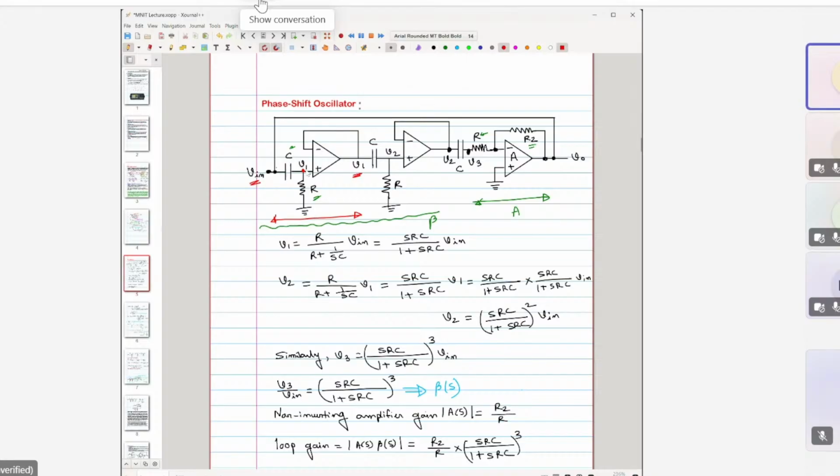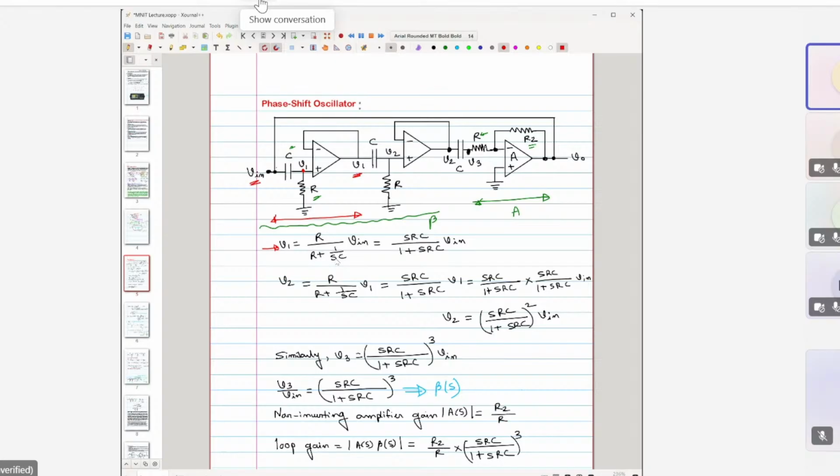Then what would be this V1 in terms of V in? So we can simply write it like this. V1 would be equal to whatever drop across this R, so it is R by 1 plus ... Now what is S? S is j omega. You know what is the impedance of a capacitor? 1 by j omega C, right?